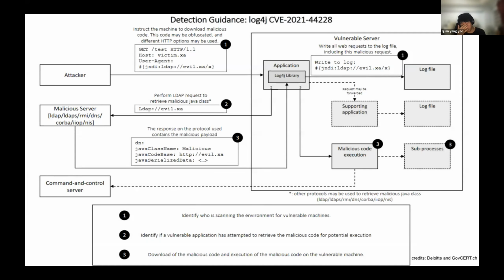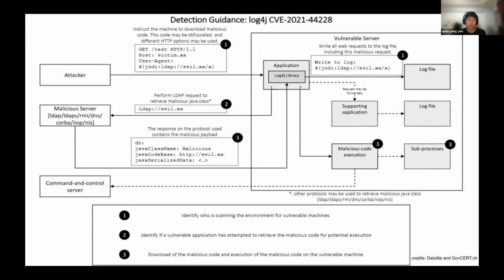So let's look at how the vulnerability, or rather the exploit, works. This diagram is created by, I believe, the Swiss CERT team. If we look at the start, the attacker would just make a request to a vulnerable server with a payload in the user agent, and the vulnerable server might just log the user agent as part of its logging.